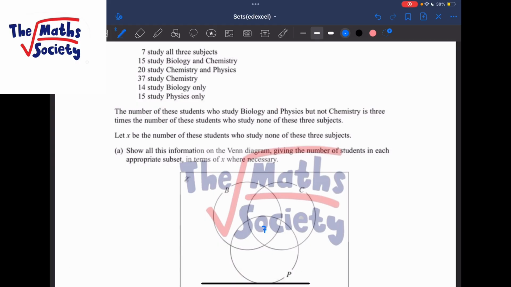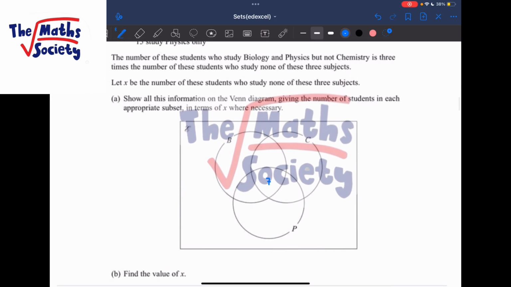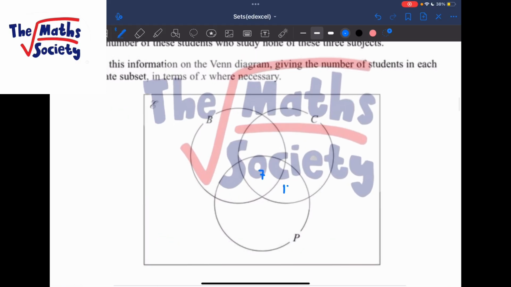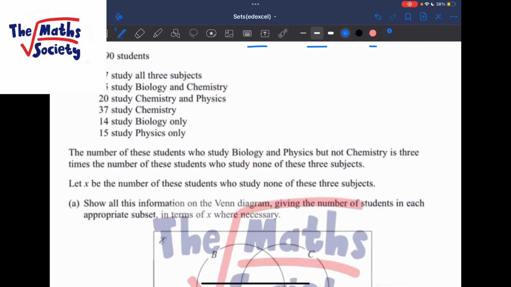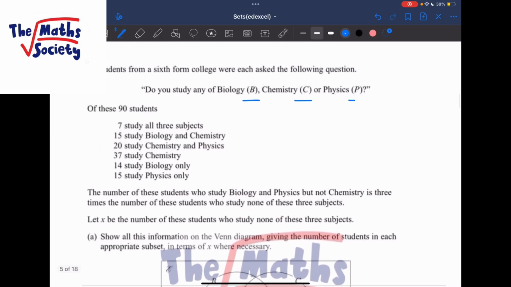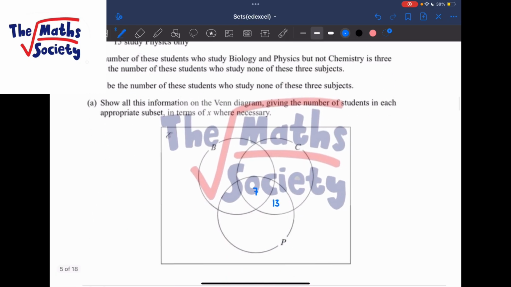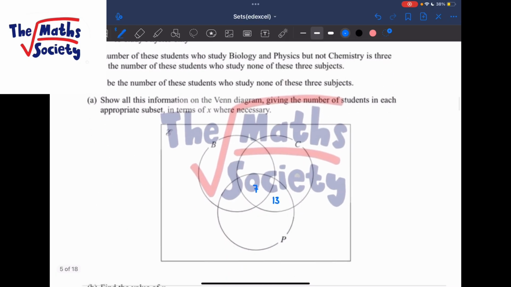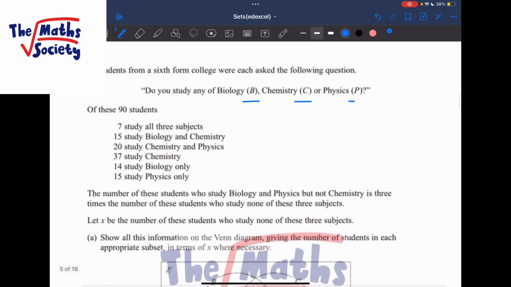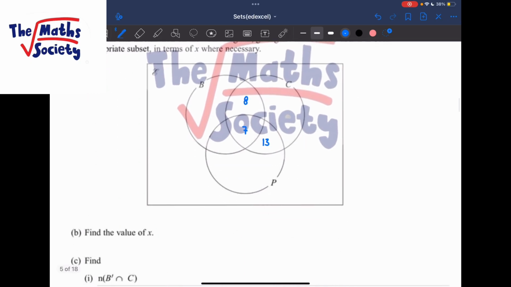It says 15 study biology and chemistry, and then 20 study chemistry and physics. Chemistry and physics is 20. So it's going to be 20 minus 7, which would be 13. And 15 study biology and chemistry. Biology 15 minus 7, so that would end up with 8. 37 study chemistry.